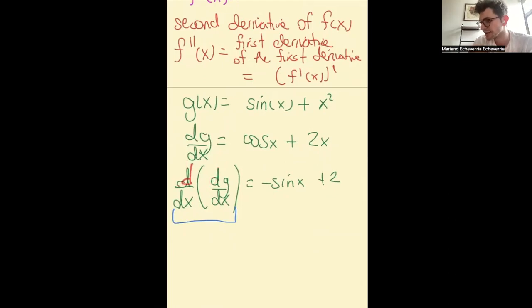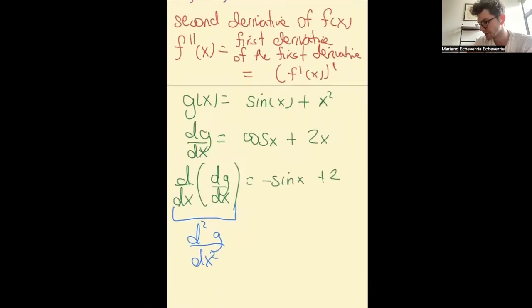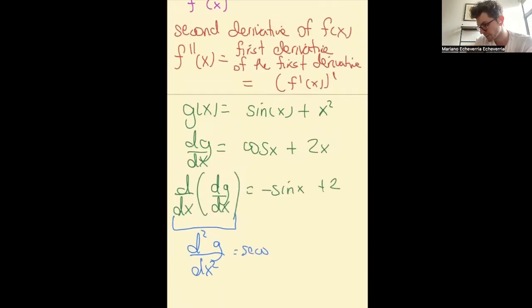So as a symbol, what you write is d squared of g and then dx squared. This is the typical notation for the second derivative in this other way of writing the derivatives. So this means the second derivative with respect to x.